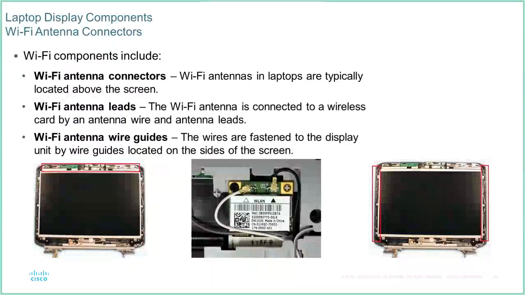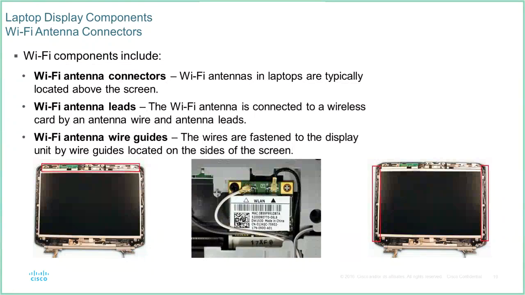If we've got dual band, we'll need more than 1 antenna. Okay, so we'll have connectors, then we'll have the actual antenna, and then we'll have wire routing to get across to all of that functionality.